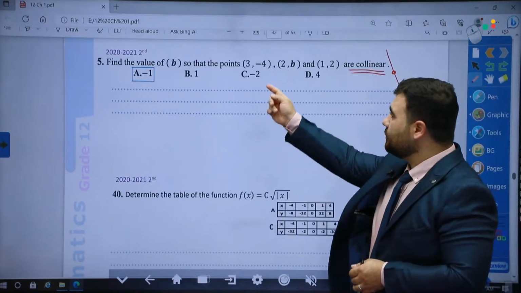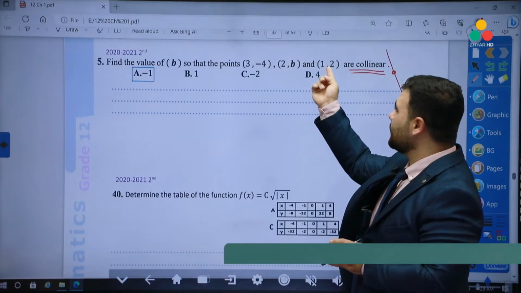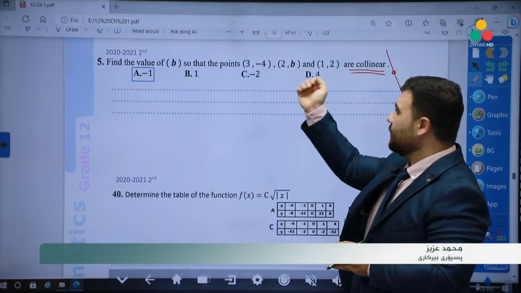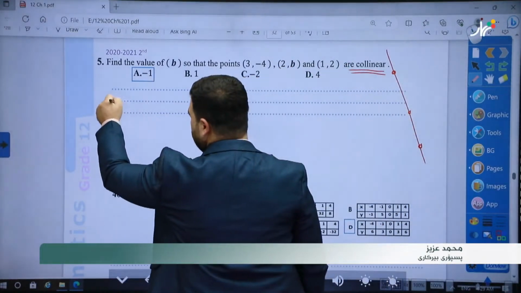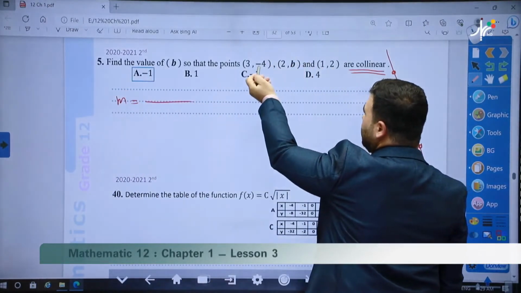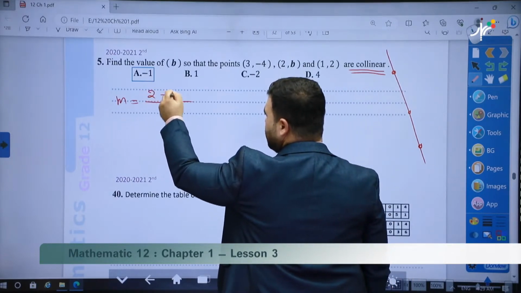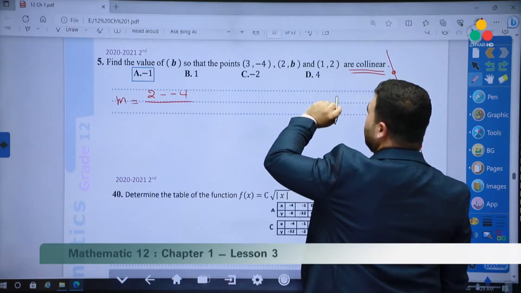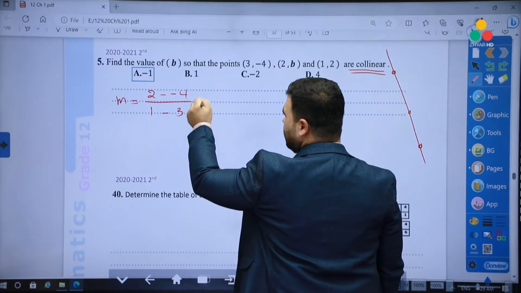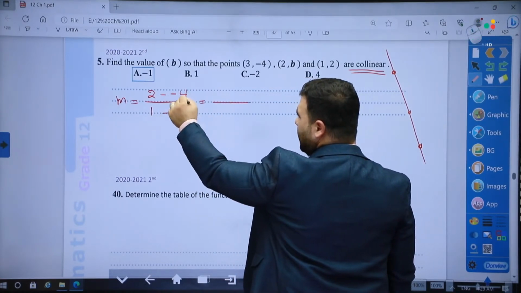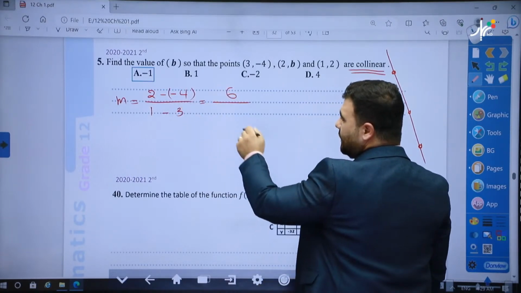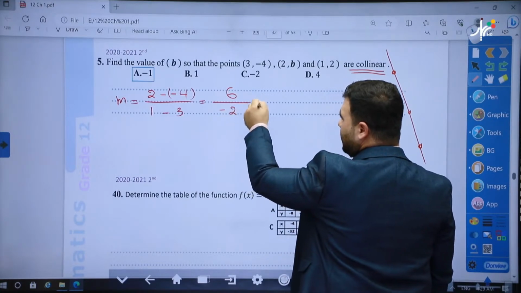Now, I know 2 points. This point is given. This point is also given. I'm going to find the slope of the line on which these 3 points lie. Slope is m equal to y2 minus y1, 2 minus negative 4, over x2 minus x1, 1 minus 3. 2 minus minus will be plus, that's 6. 1 minus 3 is negative 2. 6 divided by negative 2 is negative 3.